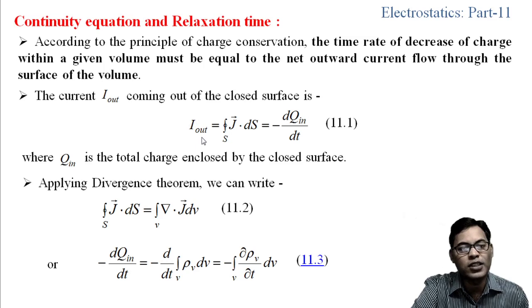Here I out is the net outward current flow through the surface of the volume. So 11.1 is the mathematical representation of the continuity equation. Here in 11.1, Q in is the total charge enclosed by the closed surface.